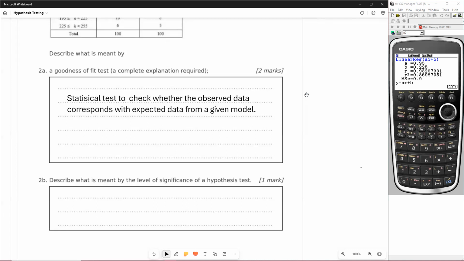Describe what is meant by the level of significance. It is the maximum probability that we can use to reject a hypothesis.